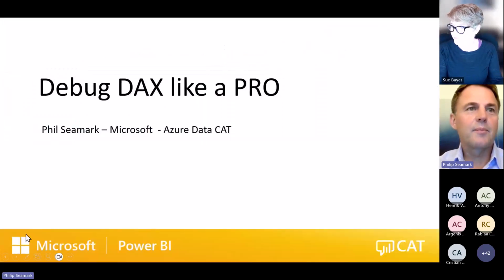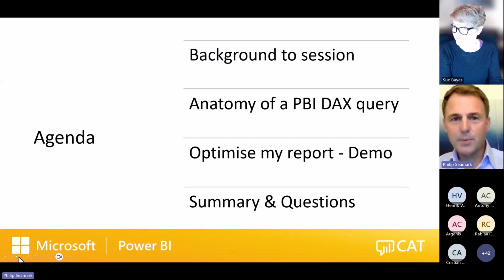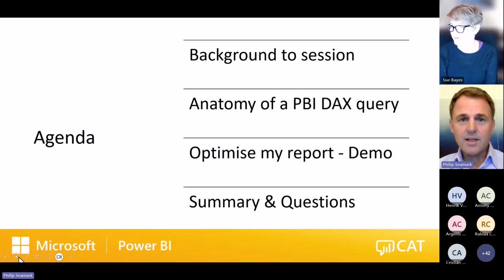So what's in our agenda? I don't have a big agenda. We're just going to talk a little bit about why I decided to put this presentation together. We're going to dive into the anatomy of a Power BI DAX query, and this is quite important to know your enemy.